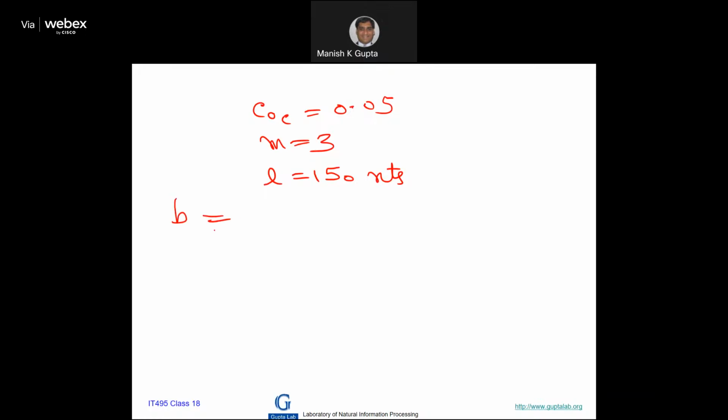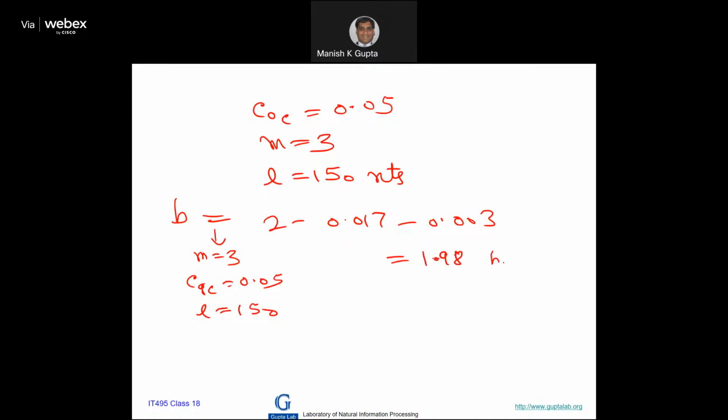So then B in this specific situation, when M is equal to 3, CGC is equal to 0.05, and L is equal to 150 nucleotides, is 2 minus, you can compute these values, minus 0.003. This turns out to be 1.98 bits per nucleotide, which is close to 2. 2 is the best possible, right? As you know.